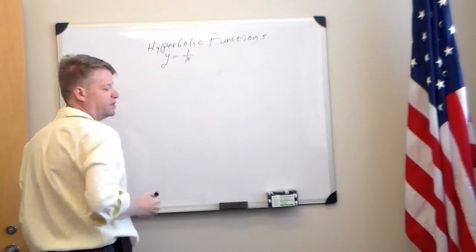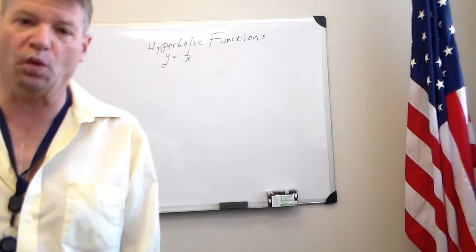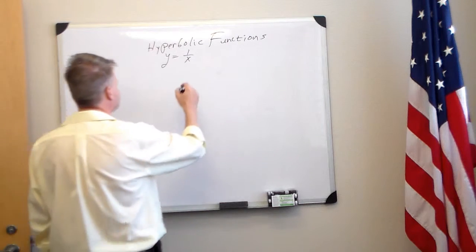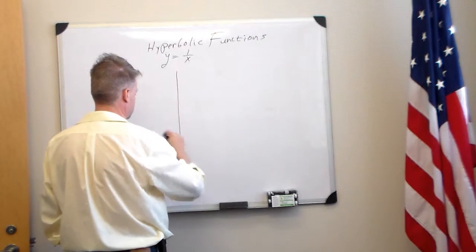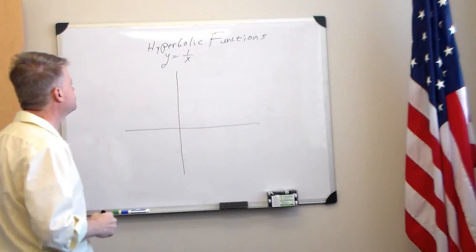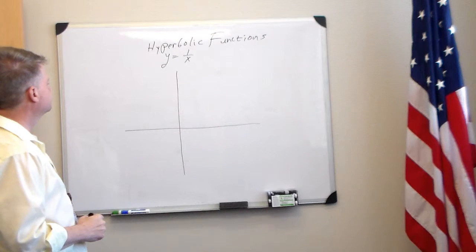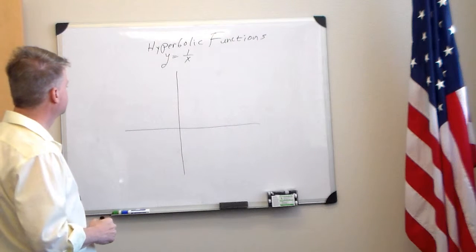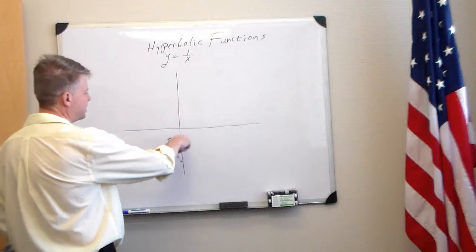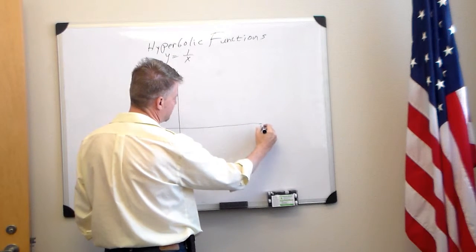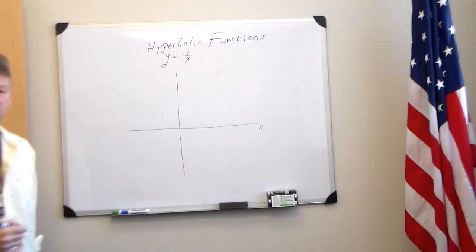The simplest, y is equal to some value over x, or 1 over x is actually the easiest. y is equal to 1 over x. As x goes off to infinity, we're going to become asymptotic to the x-axis.